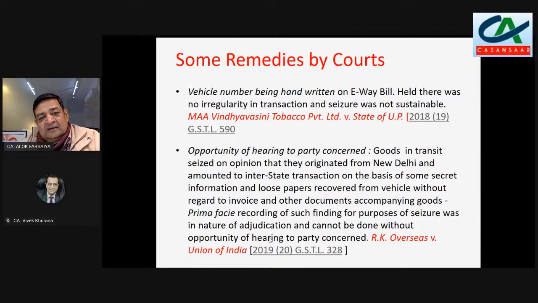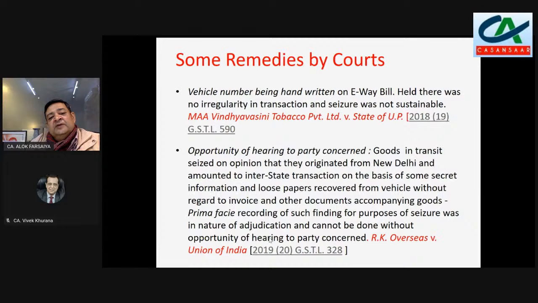These are e-way bill issues, and in the past we have faced many such allegations and cases. In this case also, there is a landmark case, RK Overseas, where the court has held that if such an allegation is being made, then only the statement of the driver is not sufficient.